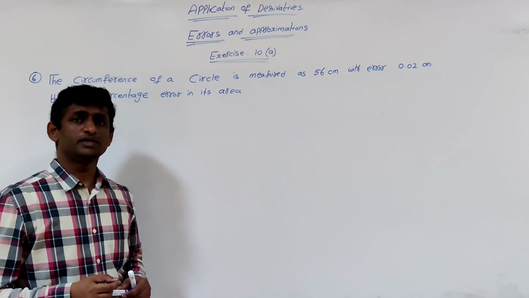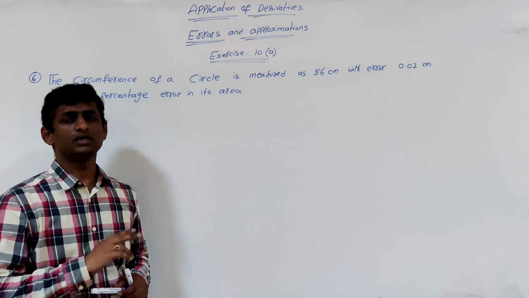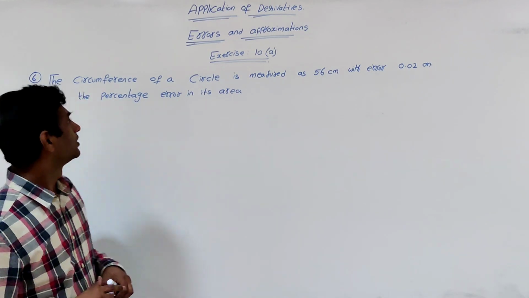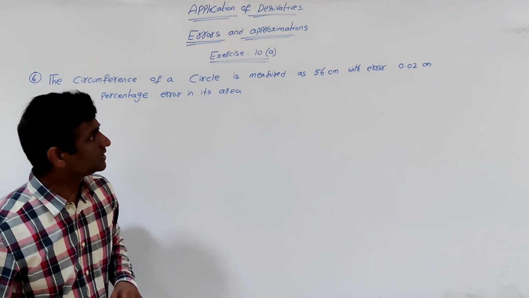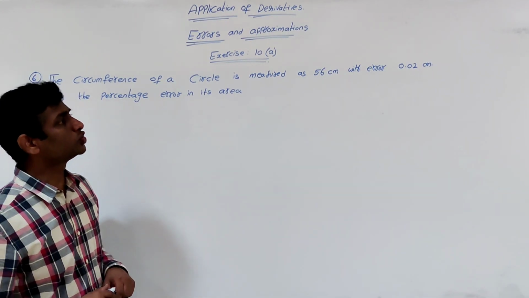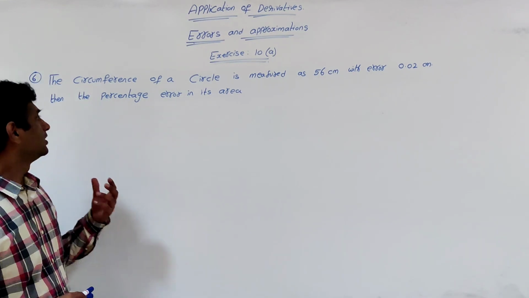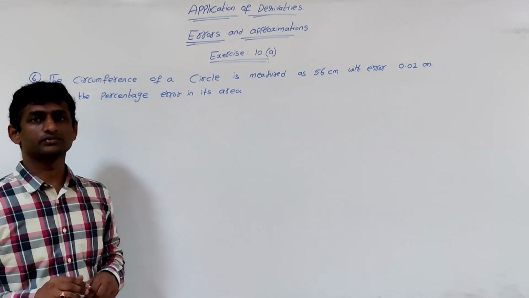The next problem is again on circle, but with different parameters. That is, the circumference of a circle is measured as 56 centimeters with its error being 0.02 centimeters. Then find the percentage error in its area.